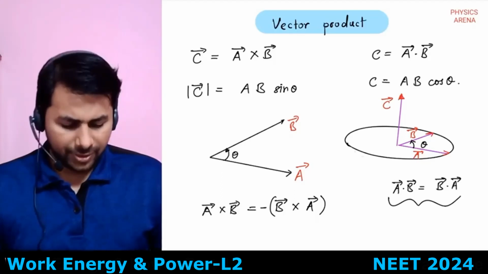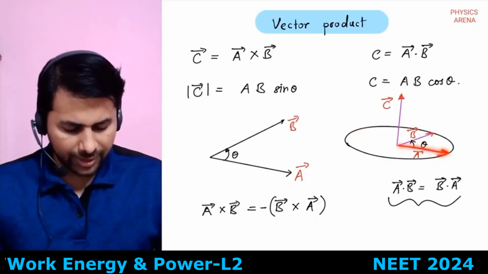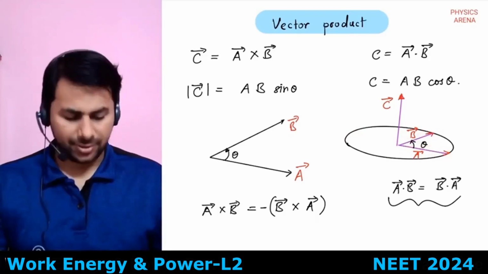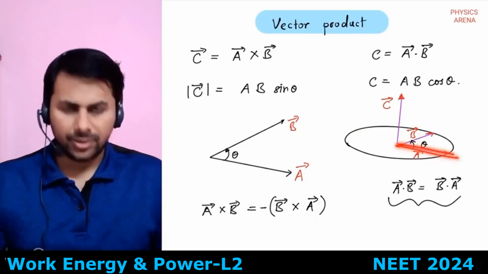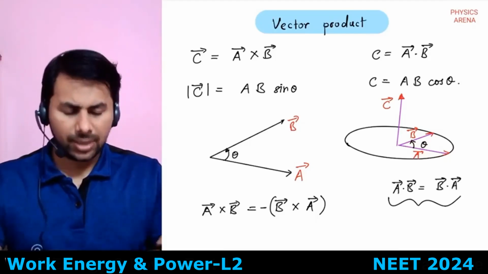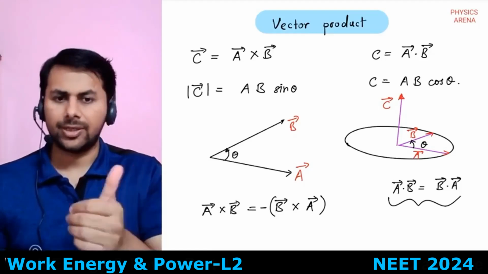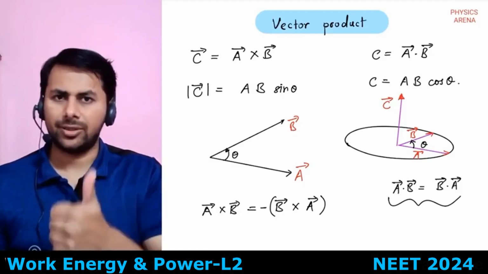For an example, suppose this is a bar and this is b bar, and they are in one plane. Now you will put your right hand in the direction of a bar, curl the fingers towards b bar and stretch your thumb.